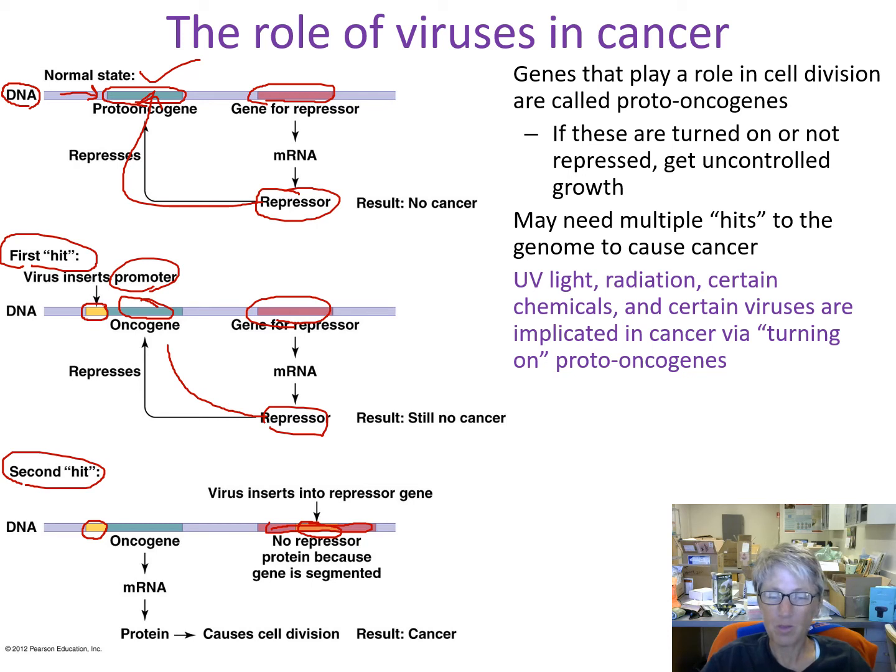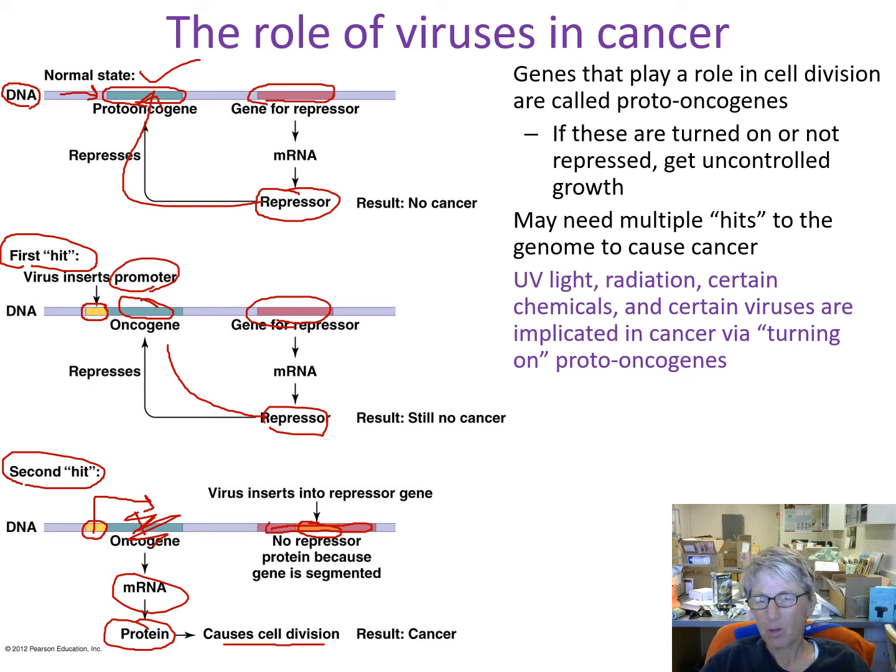So it's got this piece of viral DNA in there. Now the repressor protein is mutated and it doesn't work. So that means that repressor protein cannot sit on the oncogene. It can't do that. So if it can't sit on the oncogene and the promoter's there, guess what happens? You turn on the oncogene. You transcribe the oncogene into messenger RNA. Then messenger RNA makes an oncoprotein, and then that protein goes on to cause abnormal cell division, and the result is cancer. This is called the two-hit hypothesis.